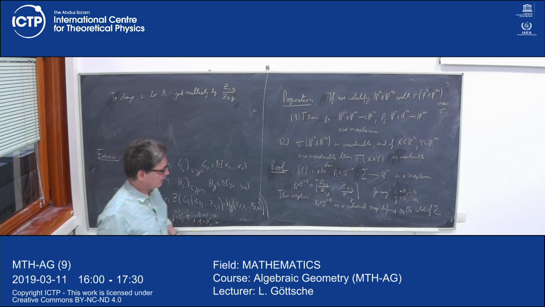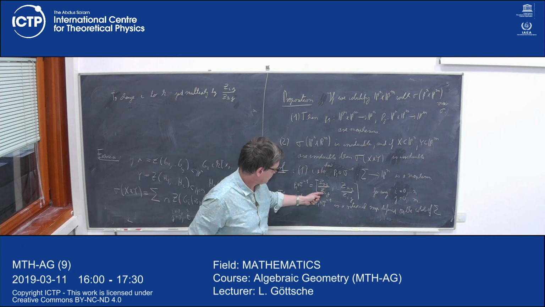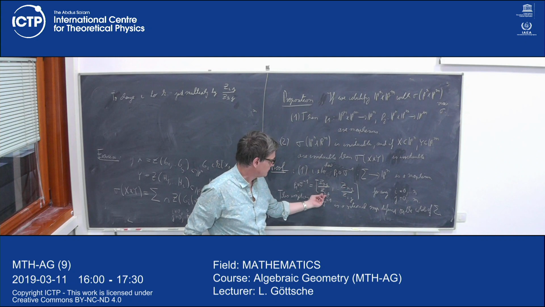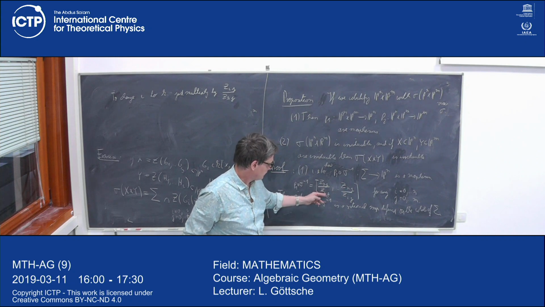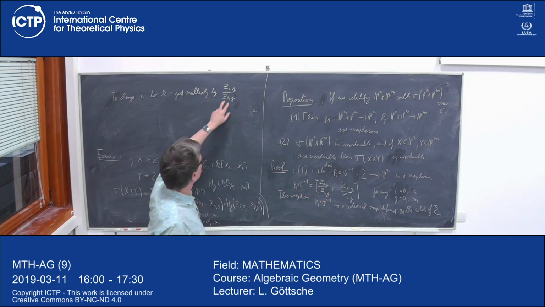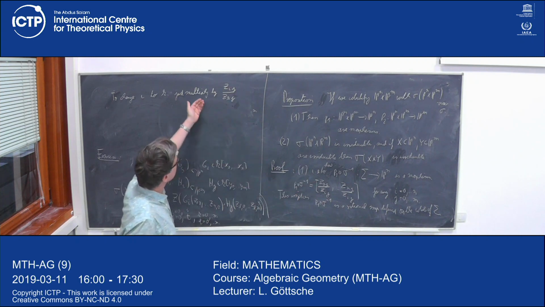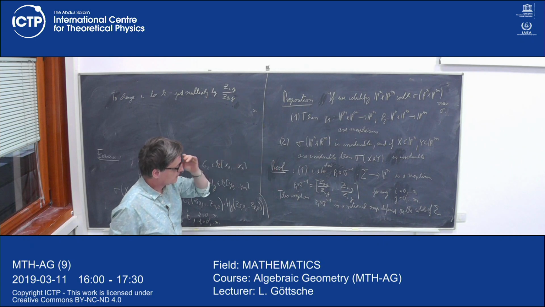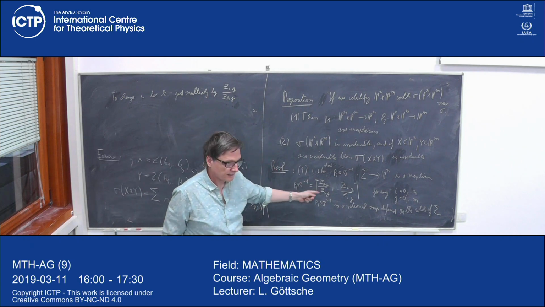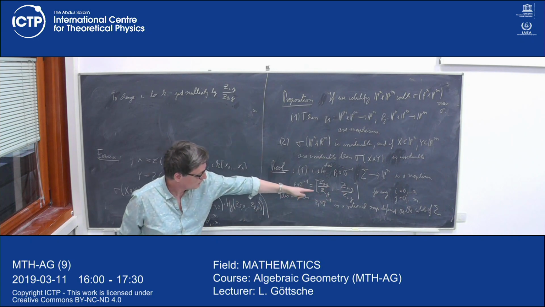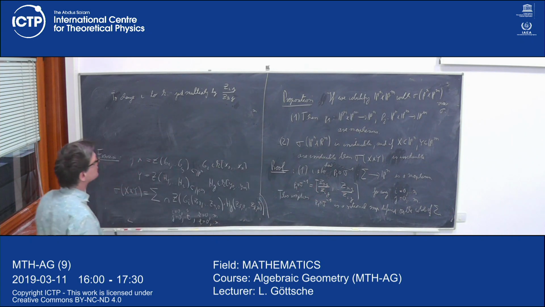Then in the numerator this cancels, and in the denominator we have this. So obviously the equivalence relation is by multiplying by a rational function. If I multiply the whole thing by this, I get the same equivalence.